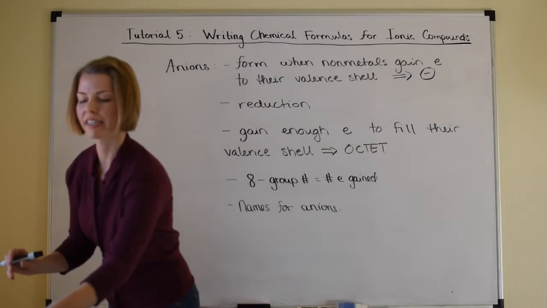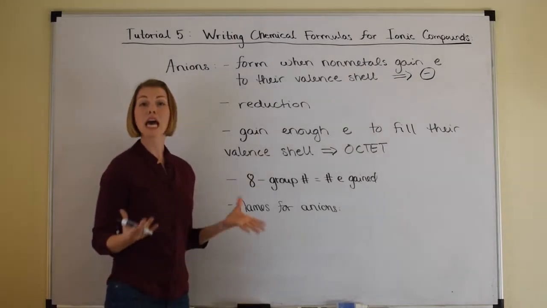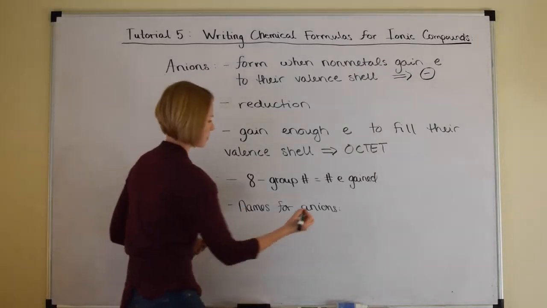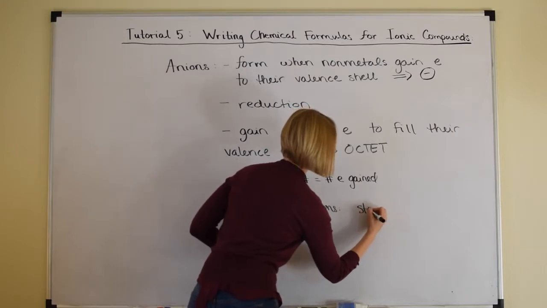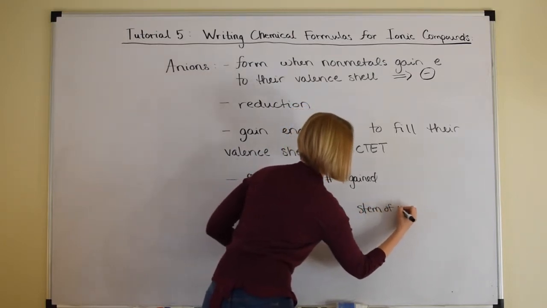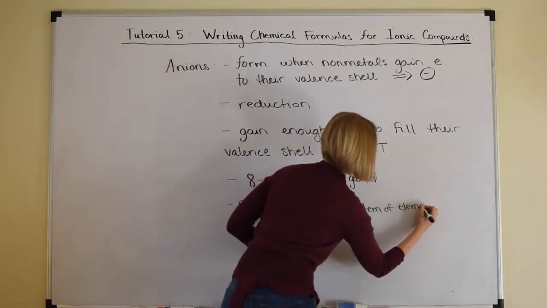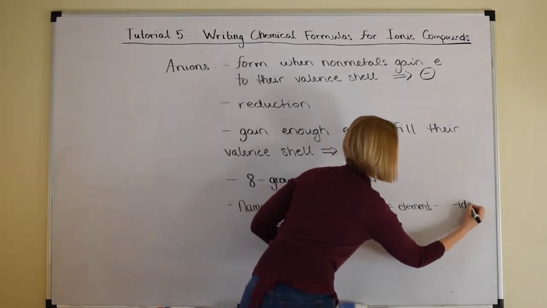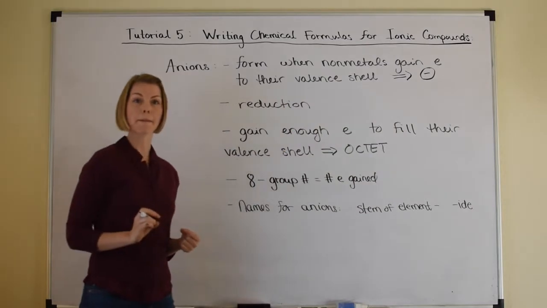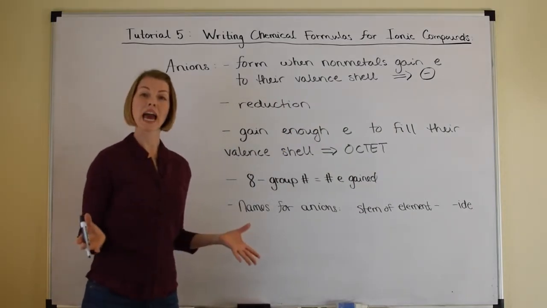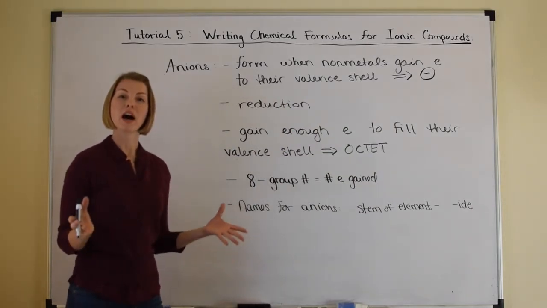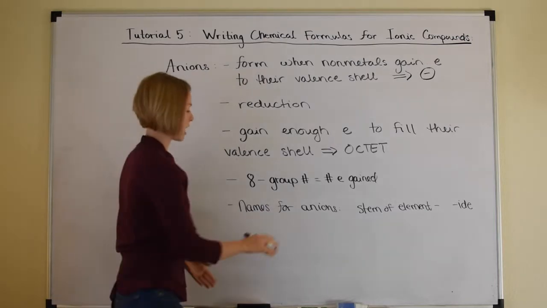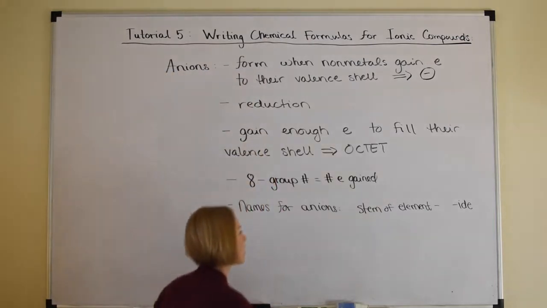So with an anion, you're going to take the stem of the element name and combine it with the IDE ending, okay? So some of the more common anions that you're probably going to be working with in an introductory chemistry class, we're going to go ahead and write their names out here.